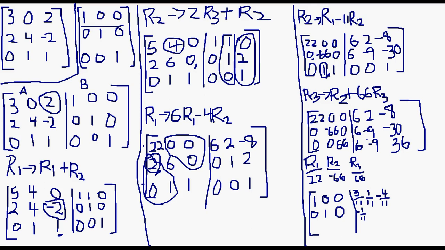And then 9 divided by negative 66 is negative 3 over 22.